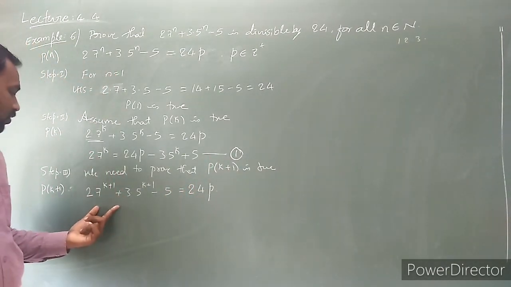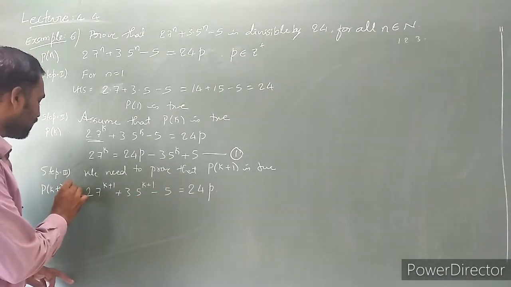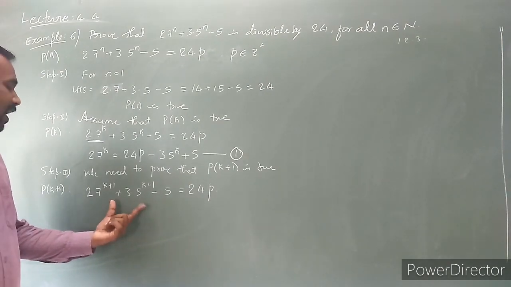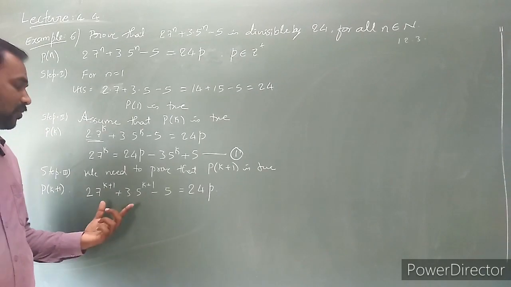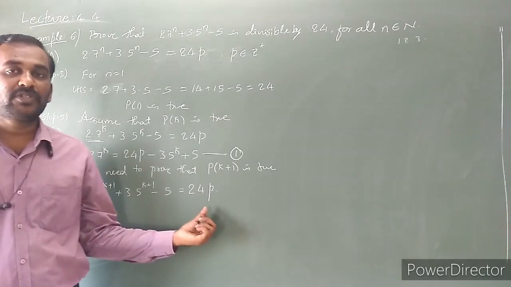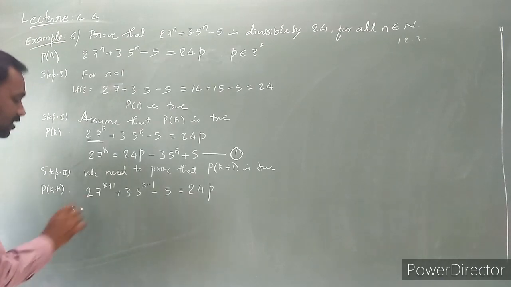Okay. Now we need to prove that LHS is equal to RHS, which in this case means we have to show that this LHS part is divisible by 24. We have to conclude that the LHS part is divisible by 24. How do you conclude that? So consider the LHS.